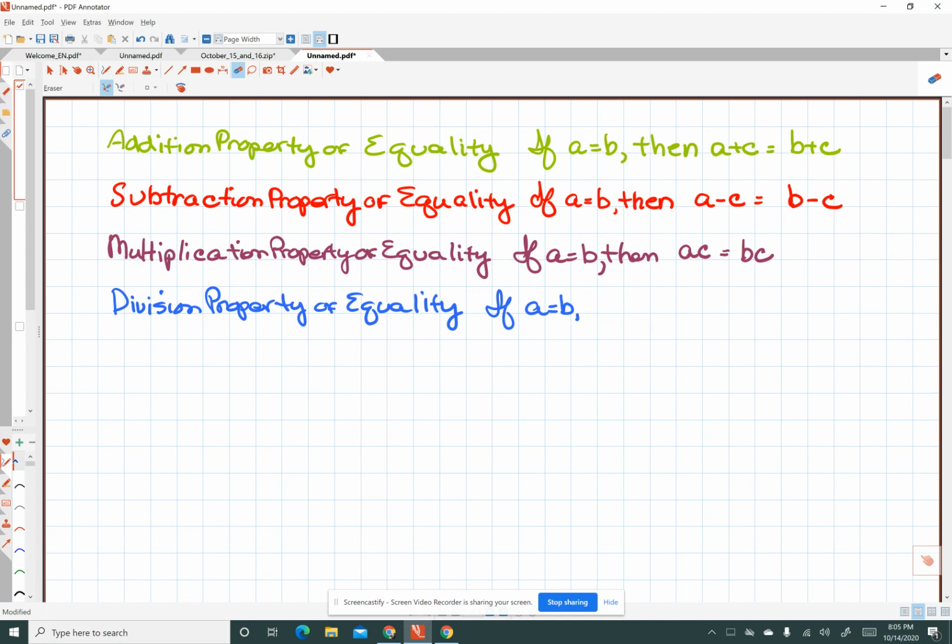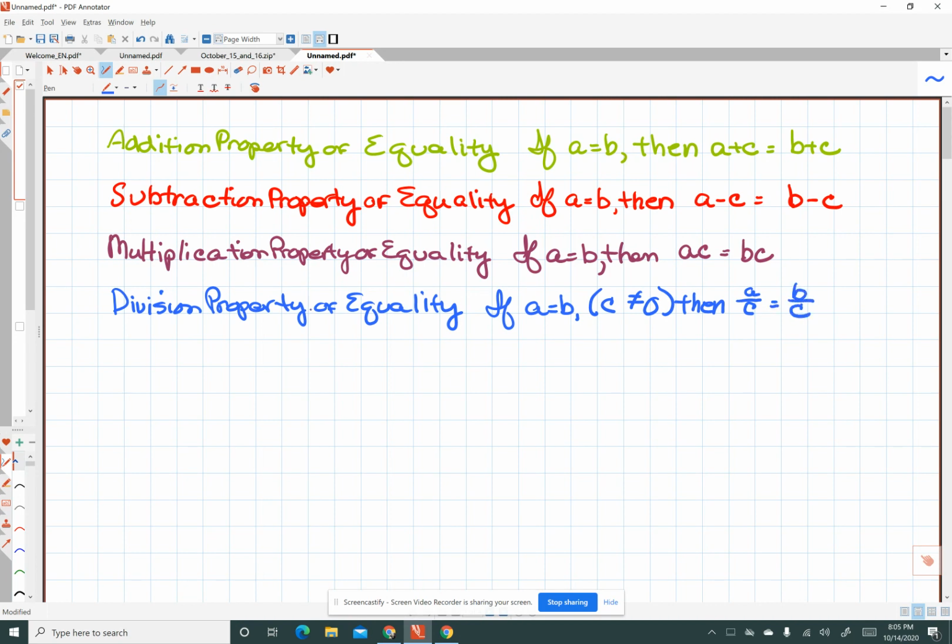A caveat is an important thing we need to know. Then A divided by, hold on guys, it's C that cannot be 0. I'm putting C in the denominator. Remember, our denominators can never equal 0. Then A divided by C equals B divided by C.